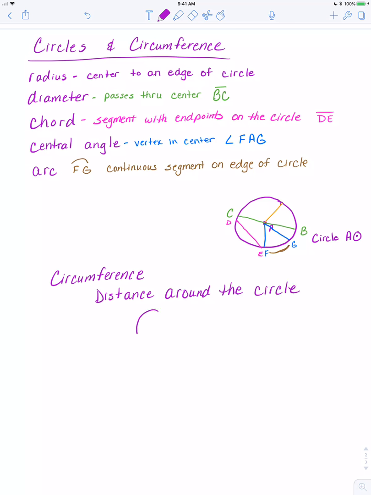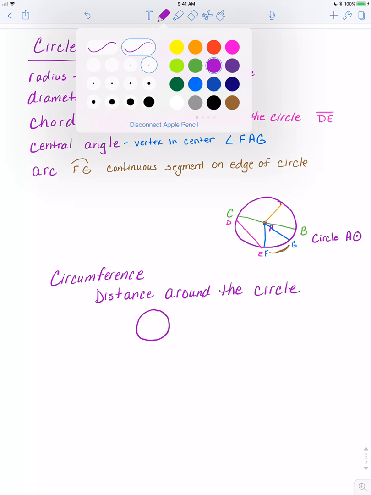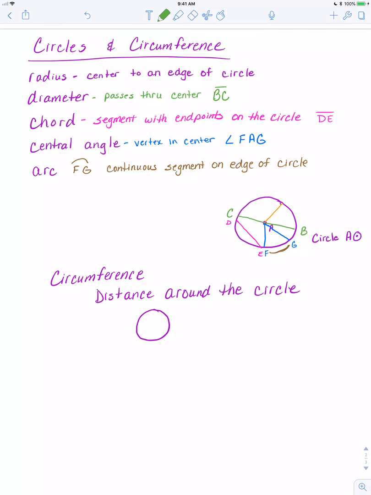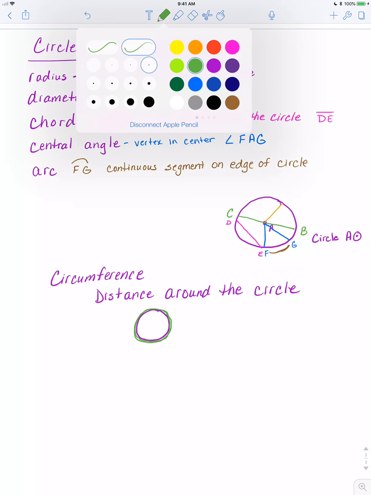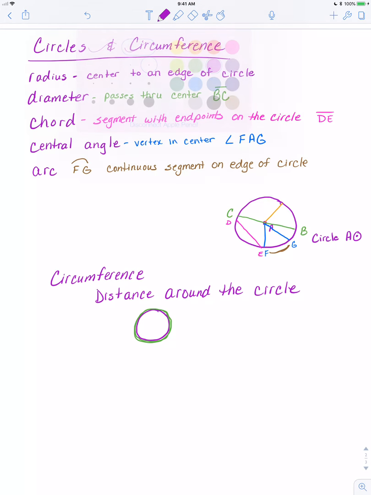So if I have a circle here and I want to see the distance around that circle, that's this outside edge. What's this length out here? Why isn't that just perimeter? Because that's perimeter in all of our other shapes, but for circles we call it circumference.